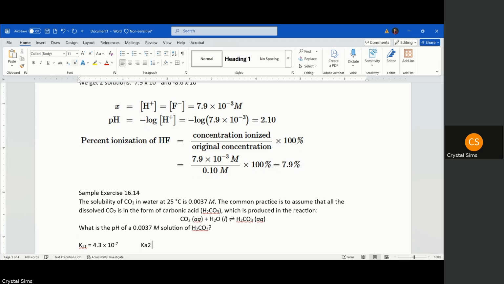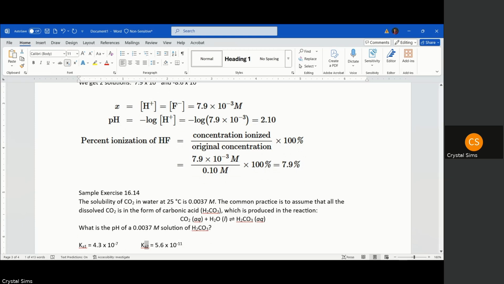So Ka2 is equal to 5.6 times 10 to the negative 11. Some acids even have 3, but we're not going to worry about any of those for our purposes now. So there are our two acid dissociation constants.